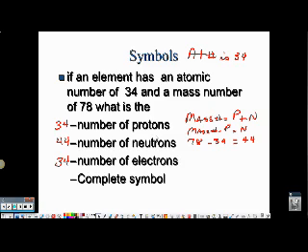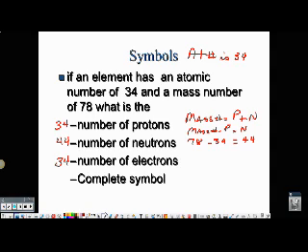So my complete symbol is going to be, got to get the pen again. The complete symbol is going to be Se, and what do I have to put up here? The mass number, 78, and what do I put down here? The atomic number, 34.